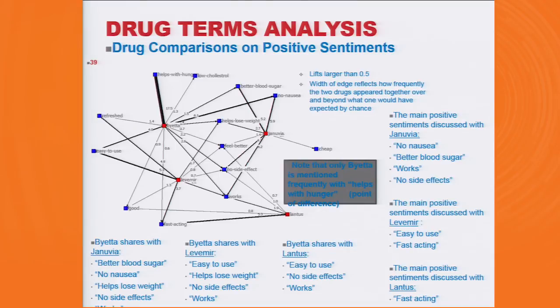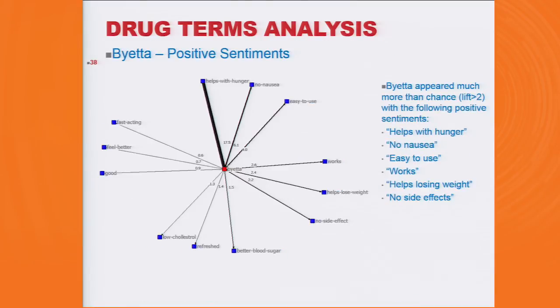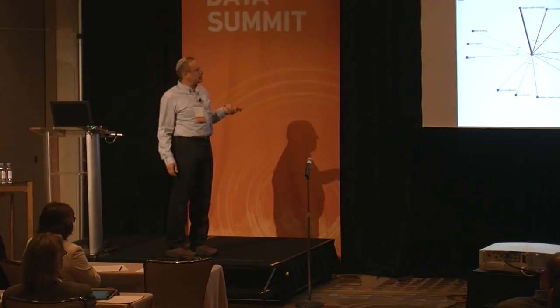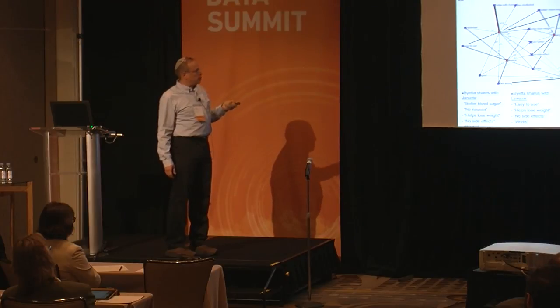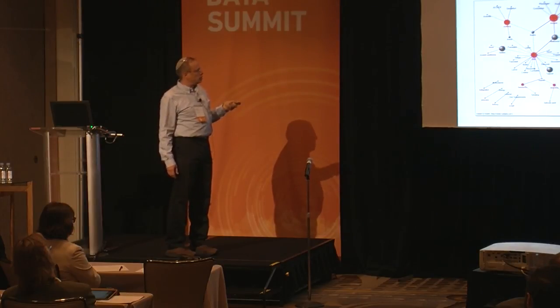You can also see here the positive sentiments that we get. You can see that we had a lift of 17.5 that Bayeta helps with hunger. It means that it's a very significant finding, something that is extremely statistically valid based on all the analysis of the forums. Again, you can do it in the context of the network.